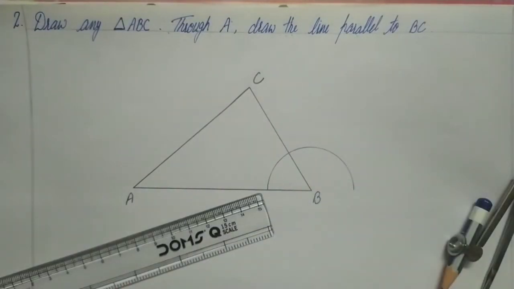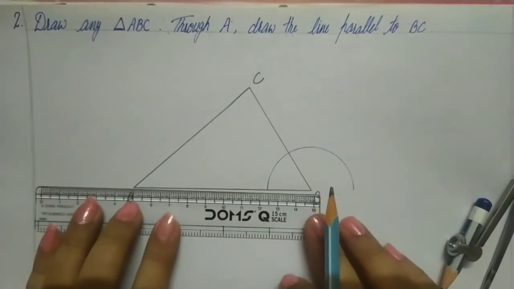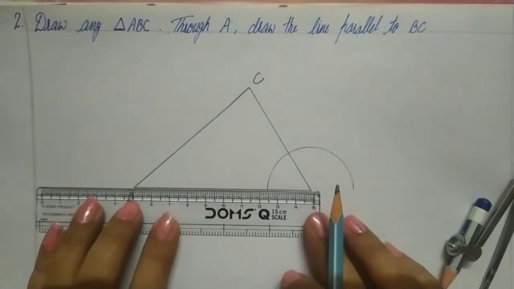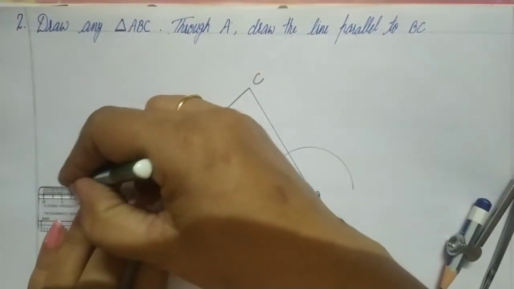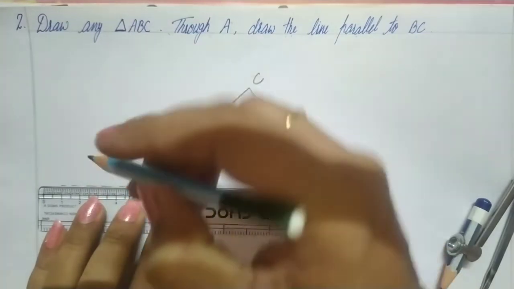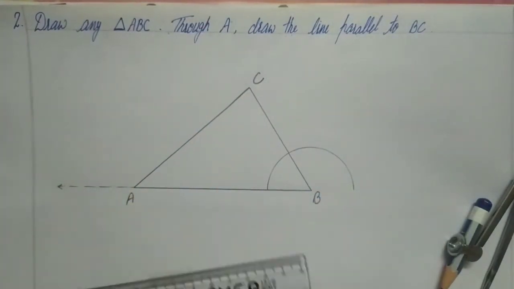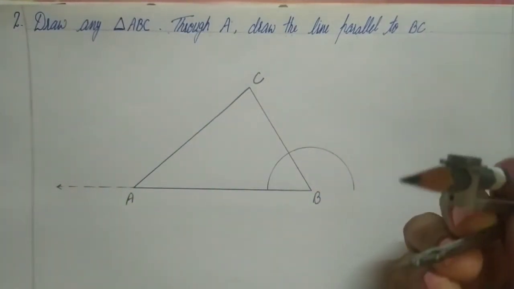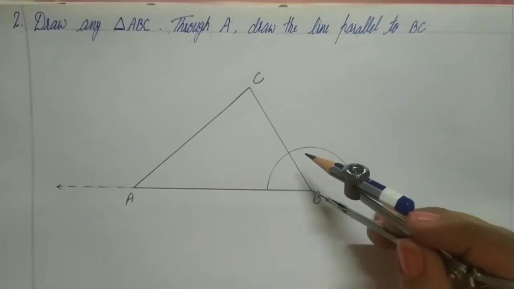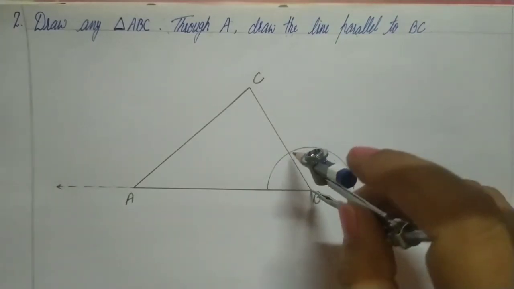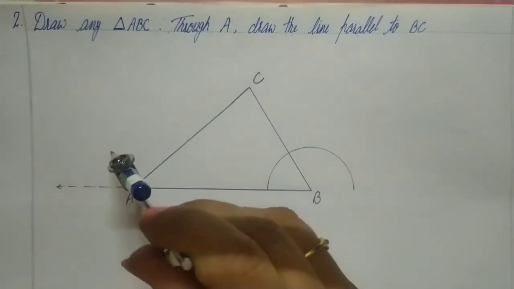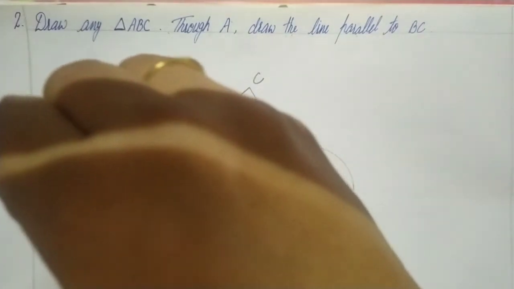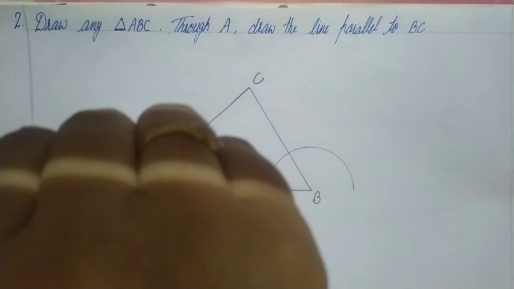Next, extend this line segment AB towards the left side with a dotted line. Now with the same measure, draw another semicircle at point A. Like this.